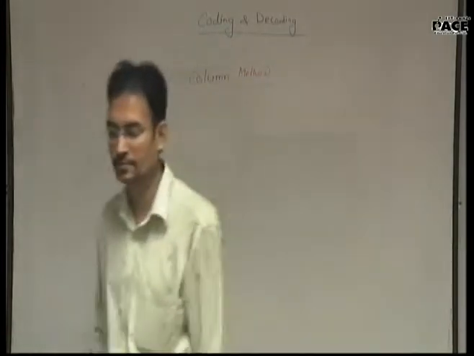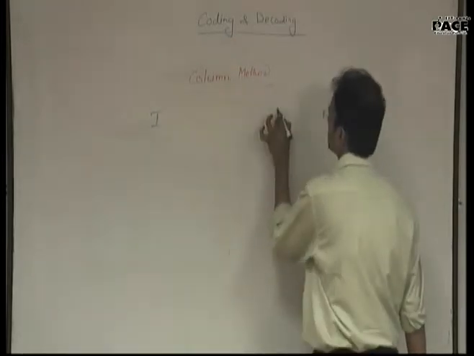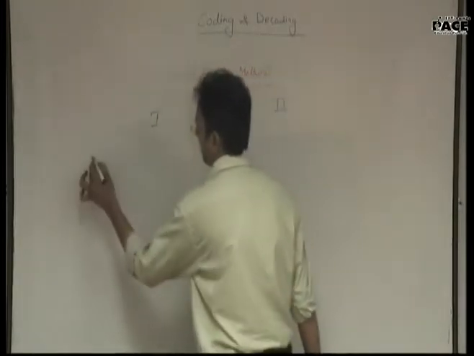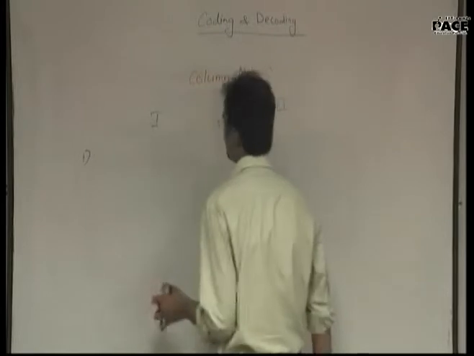Now column method. We have two columns. And here we have some values.